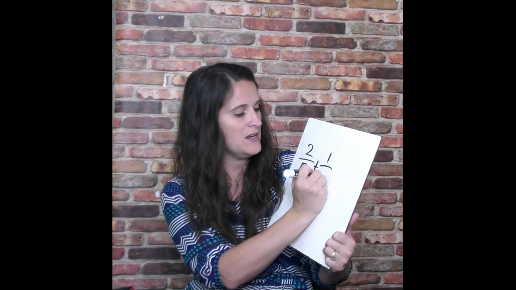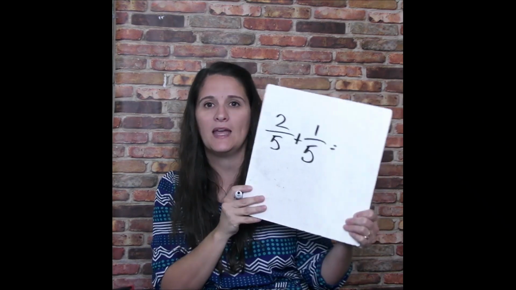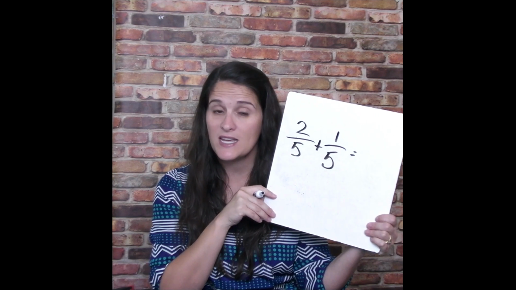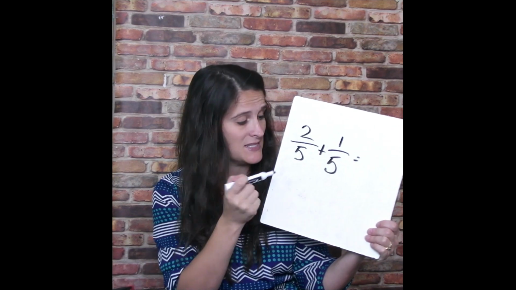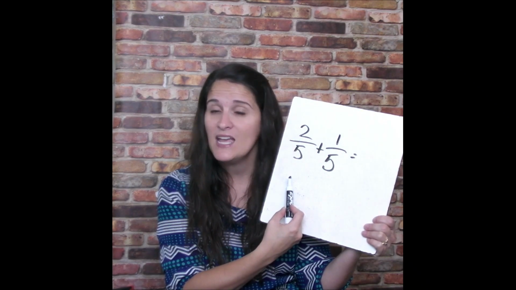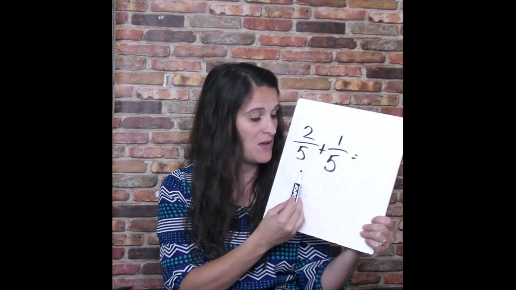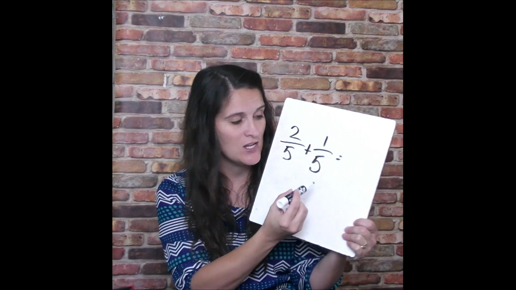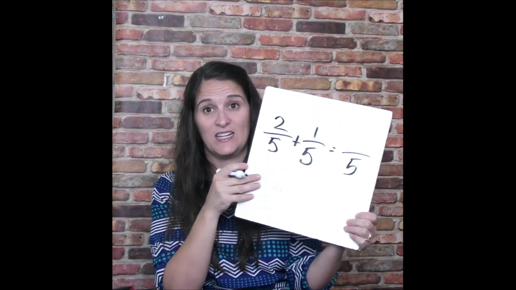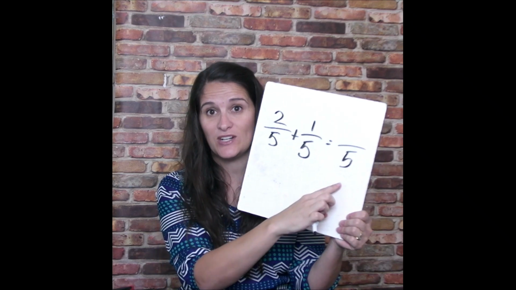All right, so I'm going to give you 2/5 plus 1/5. This is going to be our problem. Now, what would be our first step? My first step is to see that my denominators are the same. If your denominators are the same, they don't change. They're going to go right over here into your answer.